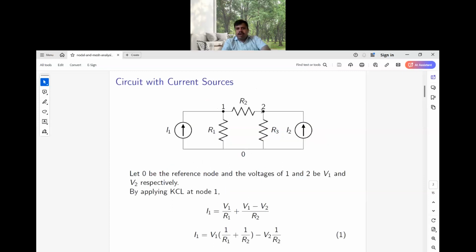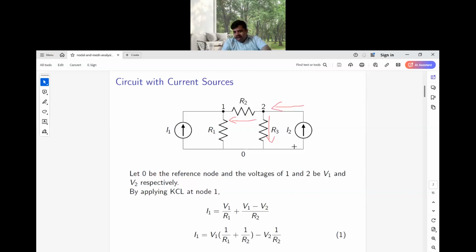Next, we apply the same KCL at the second node. At the second node, the current I2 is coming into the junction. At R3, the current flows away from junction 2, and from 2 to 1 we assume one more current flows through R2.